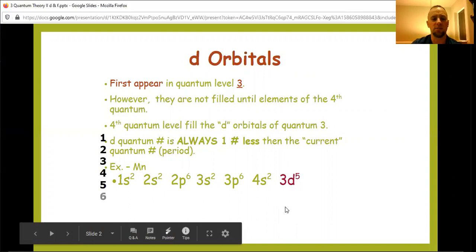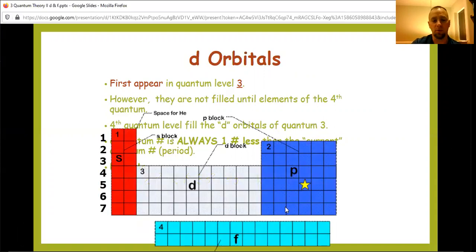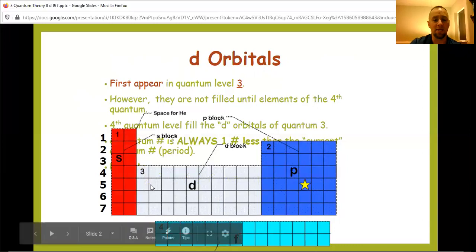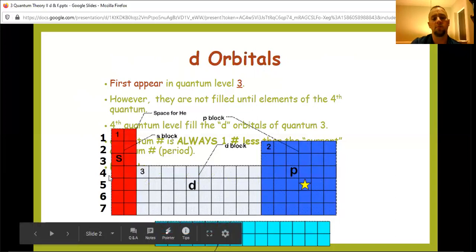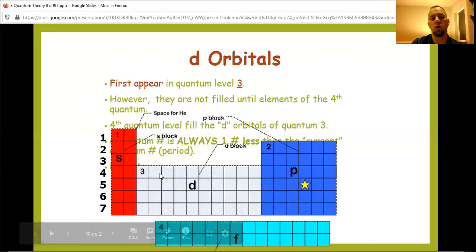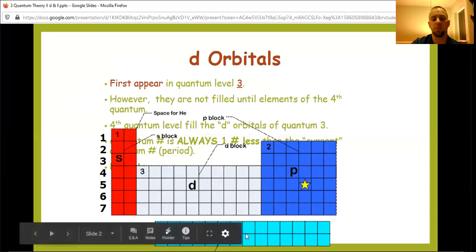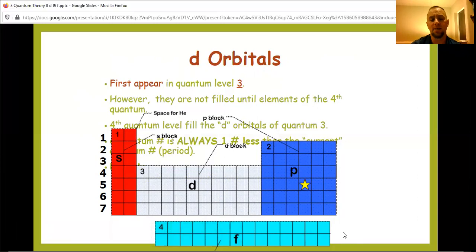So let's take a look at this on a periodic table here. Manganese, we determined 5, so it'll be here. This fourth period is where our D sublevel block begins. If we take a look at the F sublevel block here on the very bottom, we'll get to that.